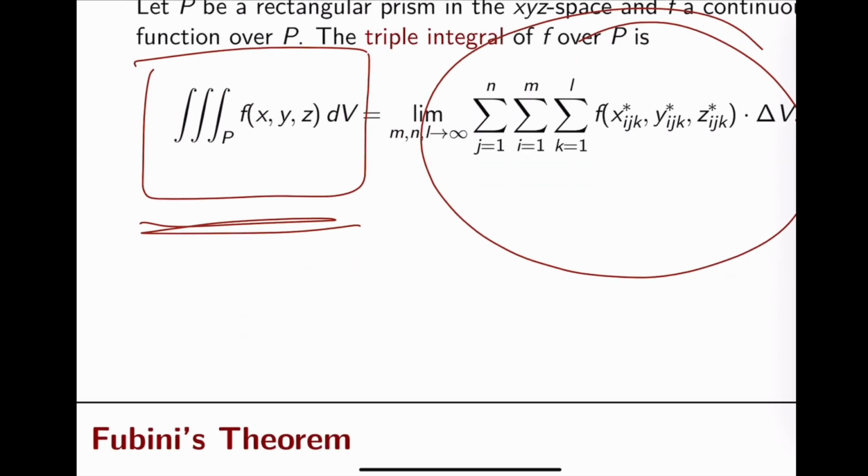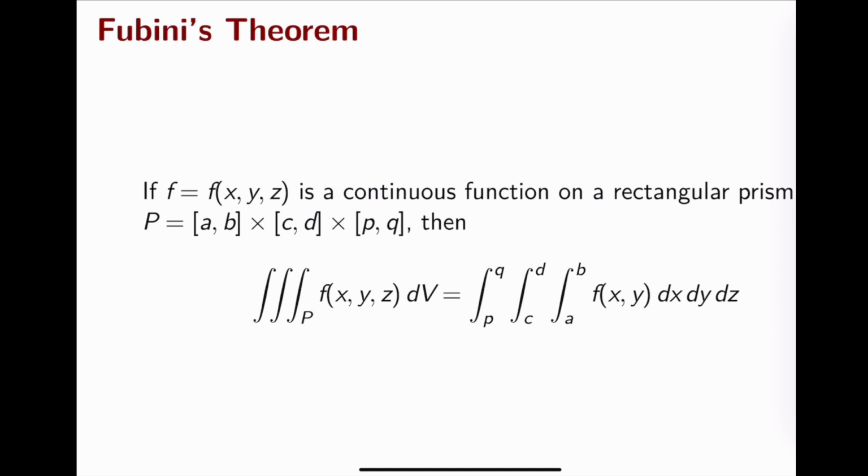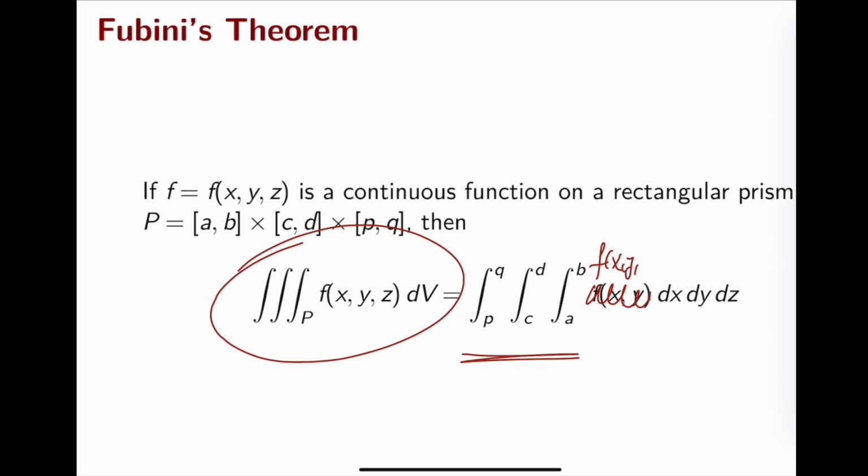And the way to calculate this is given by Fubini's theorem, the version of Fubini's theorem for 3 components. What it says is that the triple integral is the same as calculating the integral of f(x, y, z), where the variables are x, y, and z.